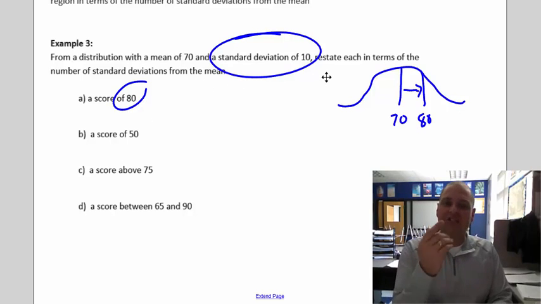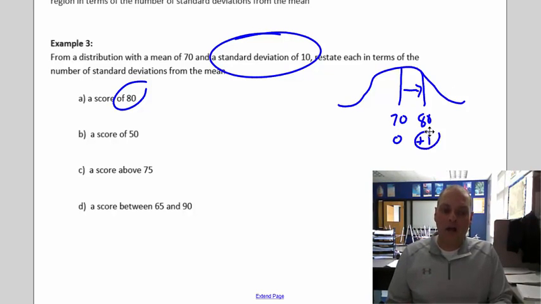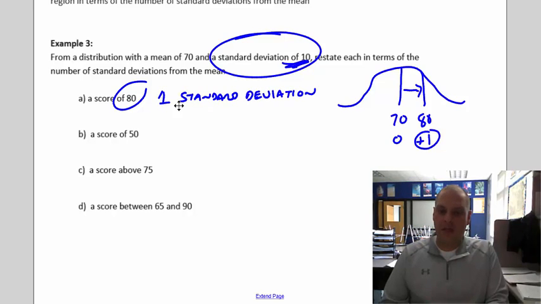Since the deviation's 10, that's one deviation above the mean. This is a 0 value, and this is plus 1 deviation. Each deviation is worth 10. So this one we'd say is 1 standard deviation above the mean.